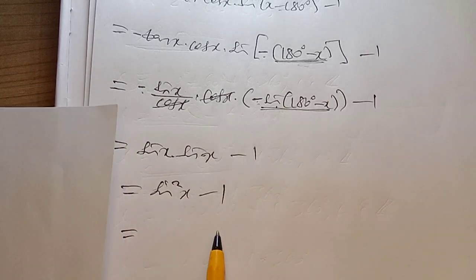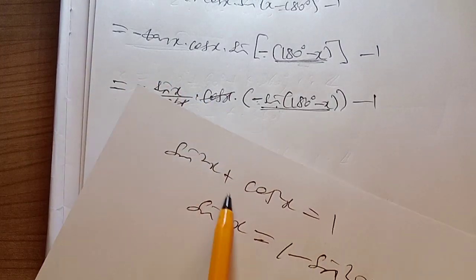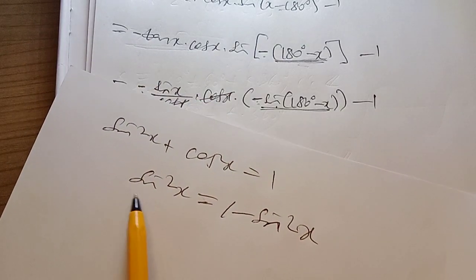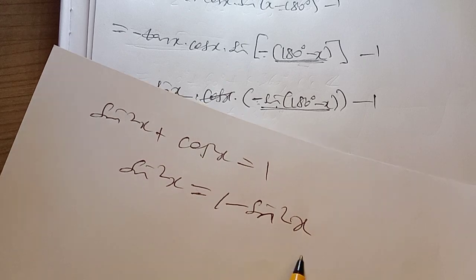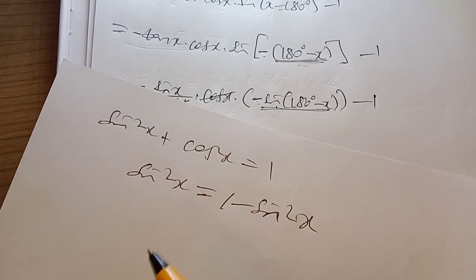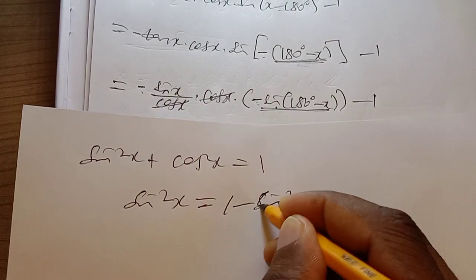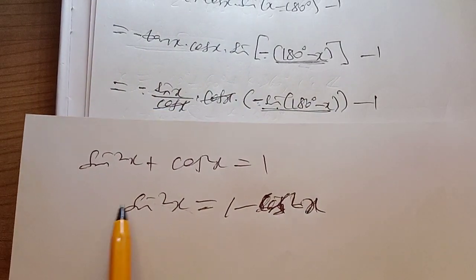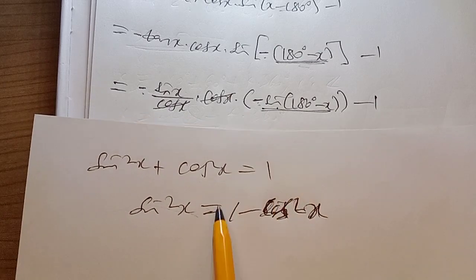It means where there is 1, we can replace it by the whole lot of this, or where there is sin squared x, we can replace it by 1 minus cos squared x. Sorry, here it's supposed to be cos squared x. Then it means when we see this, we can replace it by that.